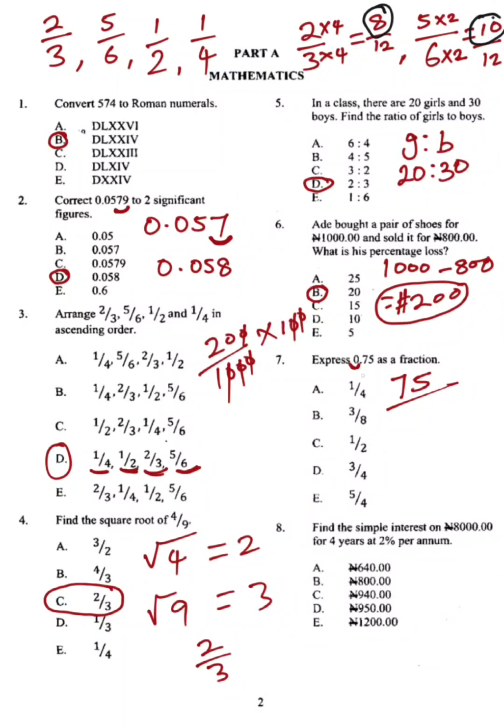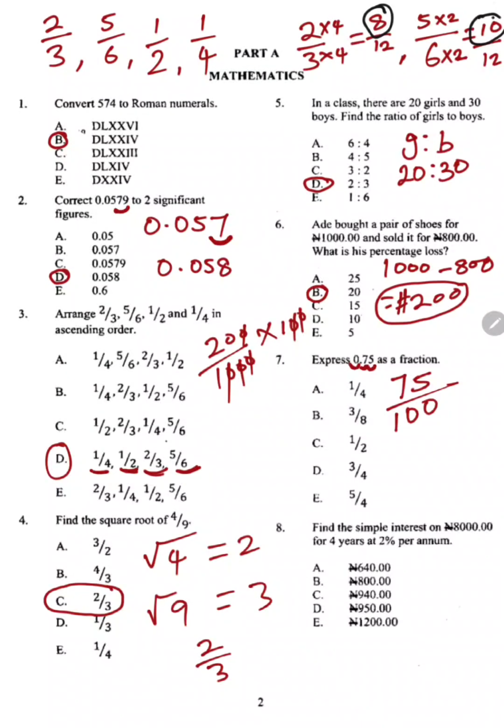The first number after the decimal point is in the 10th place, and 10th means 0.1. The second one is in the 100th place, so I'm going to have 75 over 100.